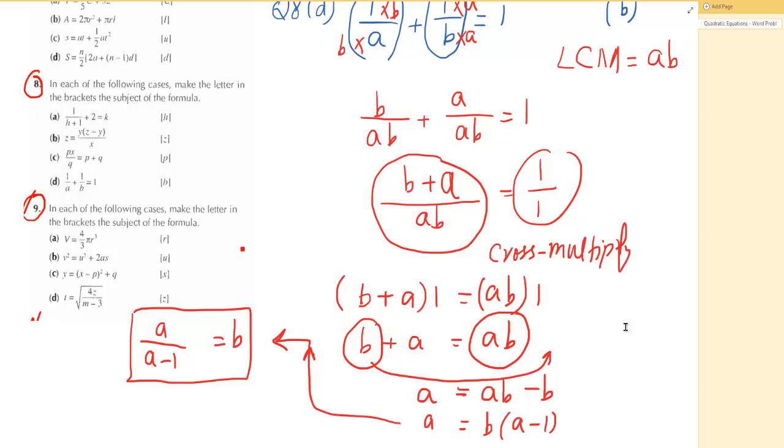We will do some more questions tomorrow. Tomorrow we will also learn how to factorize, how to use the factorization method. Okay, let's move to question number 9.